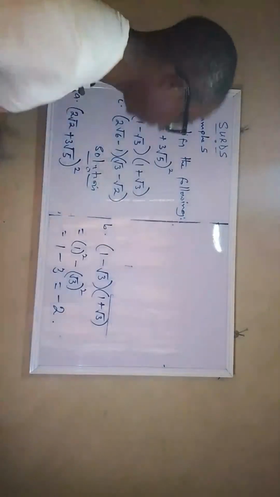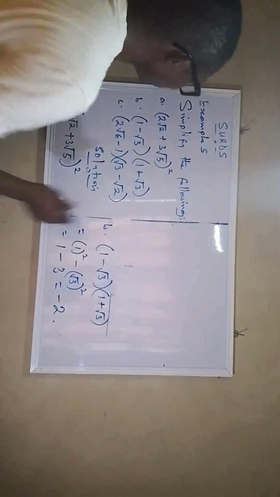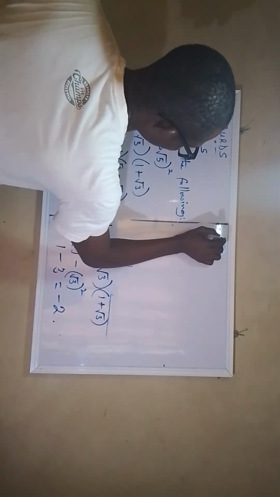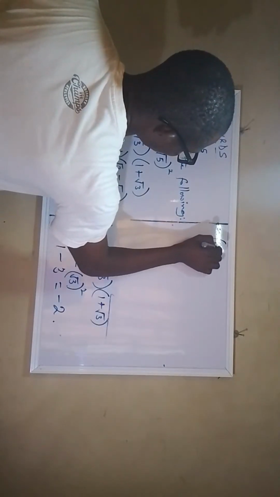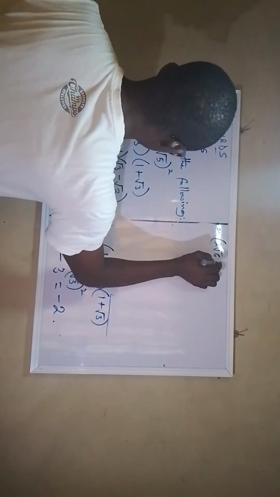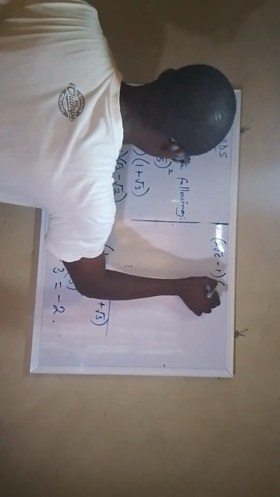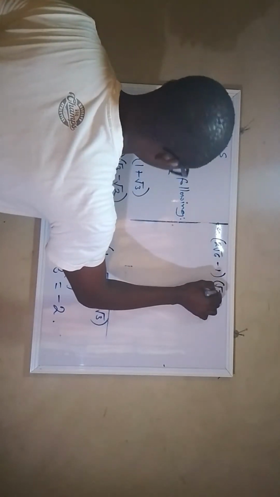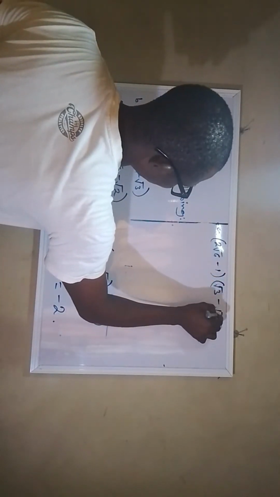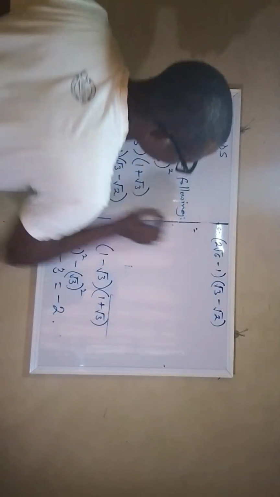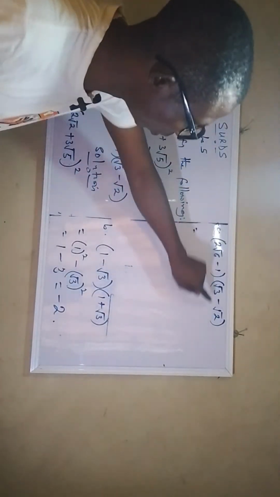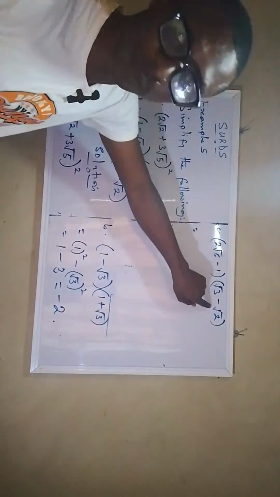Okay, so what do we have there? We have 2 square root of 6 minus 1 times square root of 3 minus square root of 2. So this term we multiply this one we also multiply this.